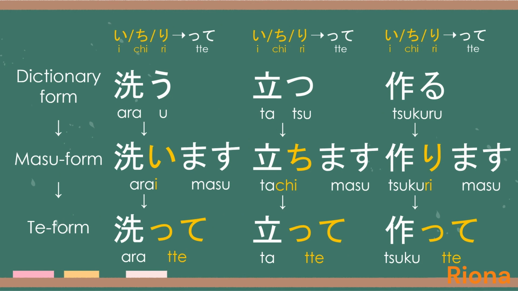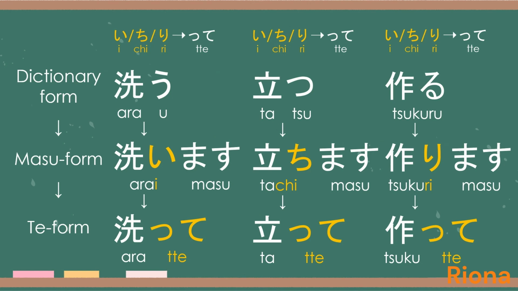And in the case of tachimasu, which is the mas form of stand, tatsu, the character before mas is chi. So, by changing this chi to tte and removing mas, we can make it te form.